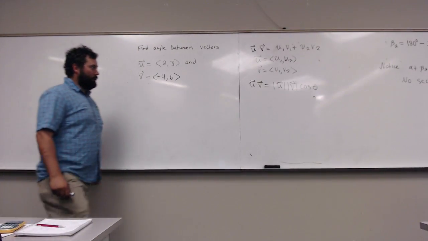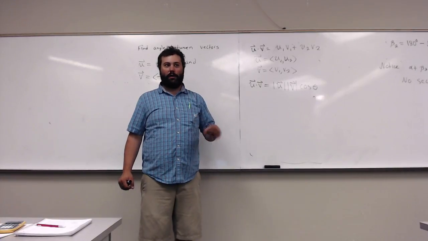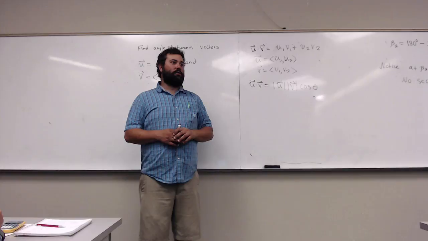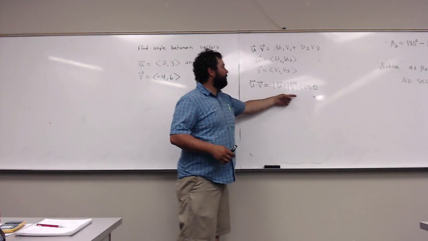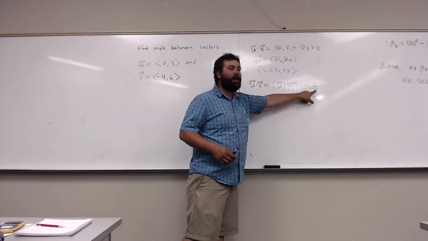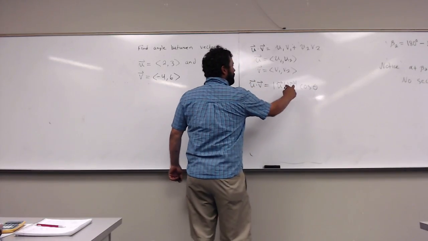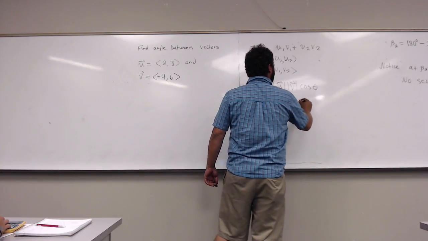Now, which formula is actually more practical to use to calculate a dot product? Like if I actually just want to know what the dot product is, the first one is more useful. The second formula is really only useful to help you find the angle theta between the vectors. In that case, you'd have to divide both sides by the magnitudes and take cosine inverse.